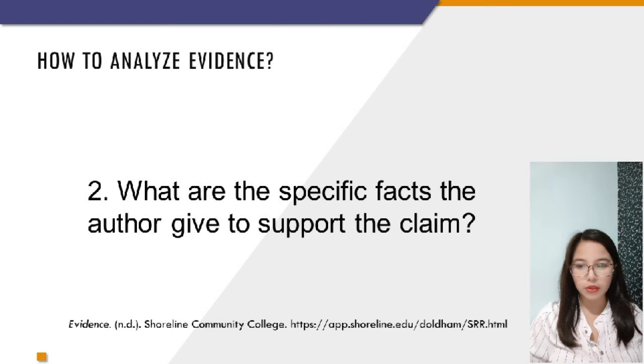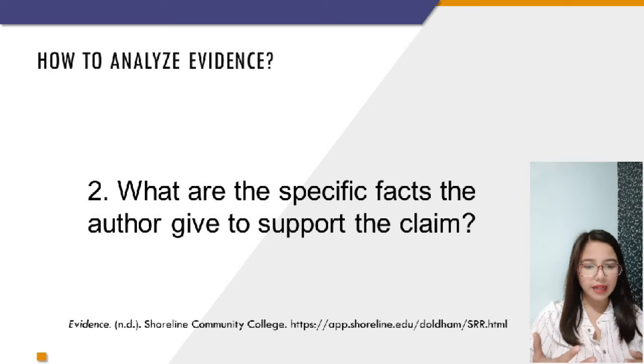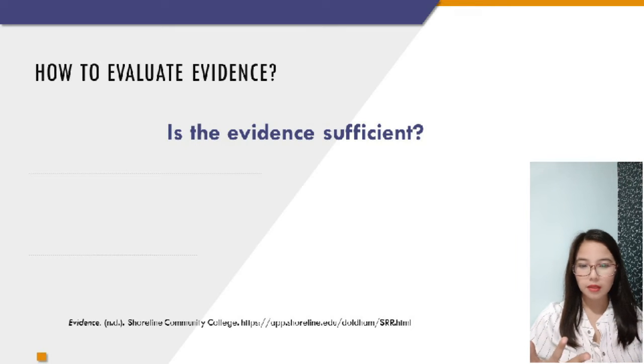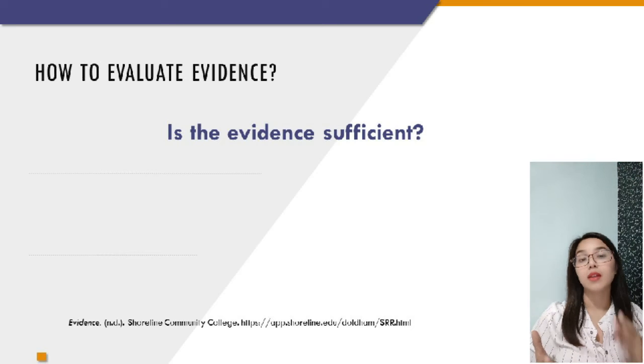And then number two, after identifying the claim, you have to check for the evidences. What are the specific facts that the author gives to support the claim? Are there facts in the first place? Are there evidences? And if there are, what kind of evidences are these? You have to take note, is the evidence sufficient? It's not enough that there is an evidence.